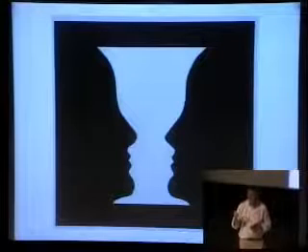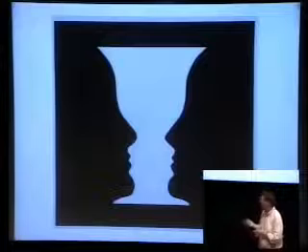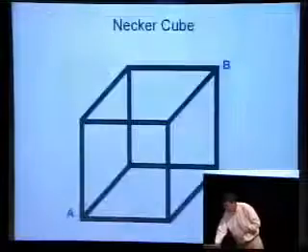Here we begin to see our second major challenge to the Gibsonian view of perception. This is a figure known as a reversible figure, because the perception will change. If you reverse figure and ground, you see two quite different kinds of things.